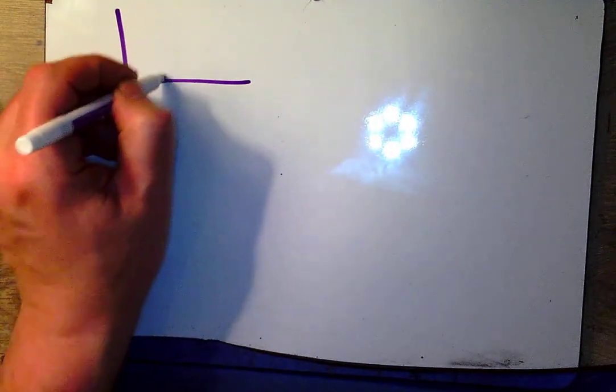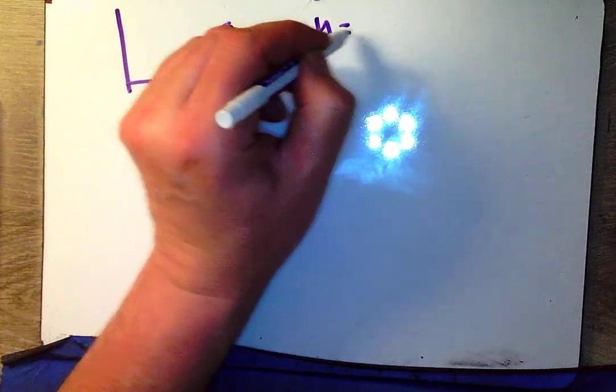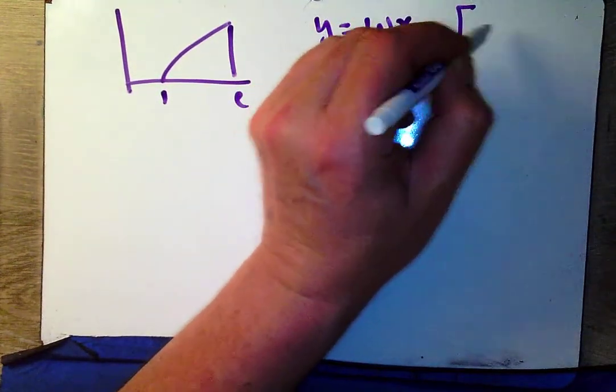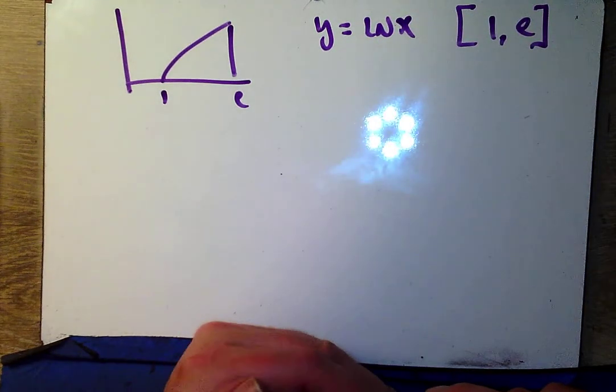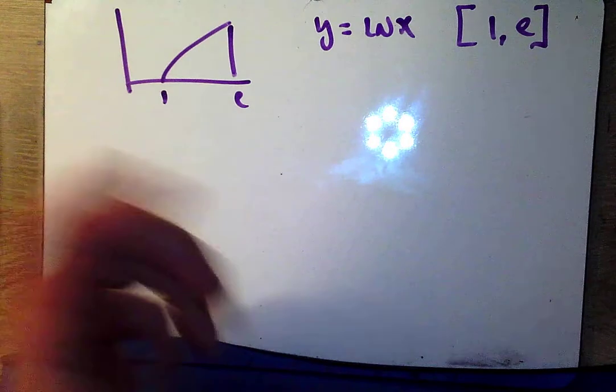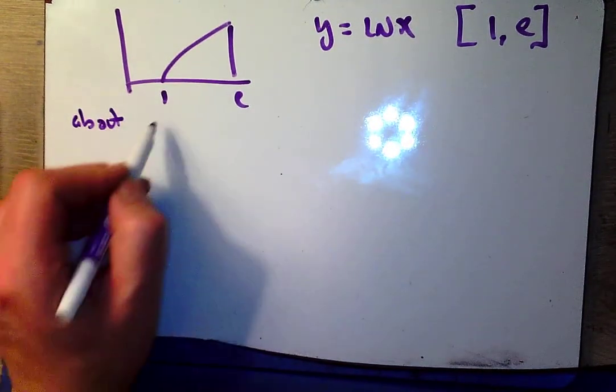Let's take a look at a new region. Our new region is going to be y equals ln of x on 1 to e. Okay? All right. So, let's do our thing. Let's rotate about the x-axis.